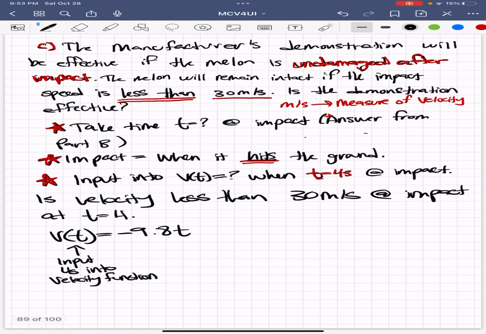So we input the time of impact, 4 seconds, into the velocity function, and then we will get the velocity of when it hits the ground.